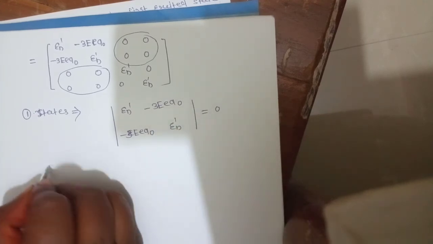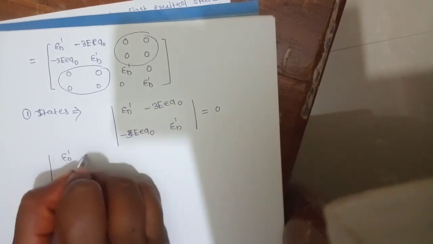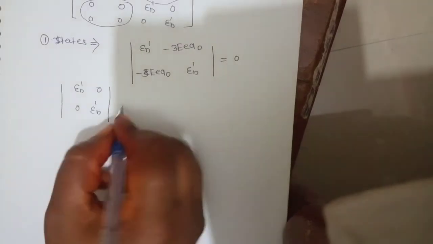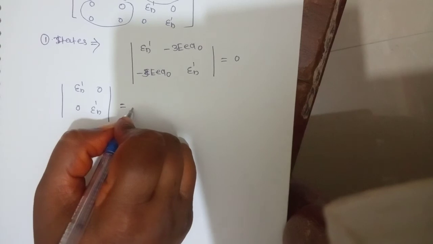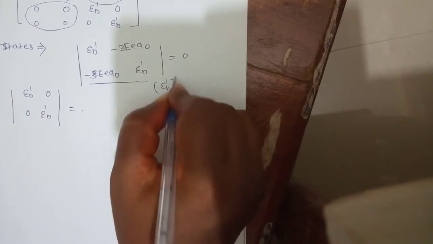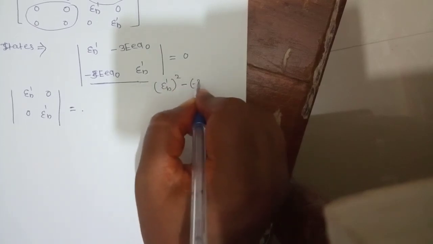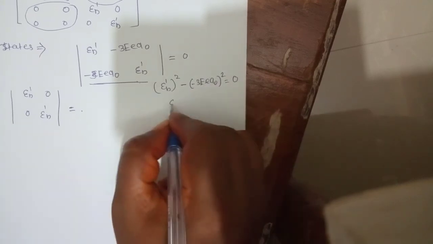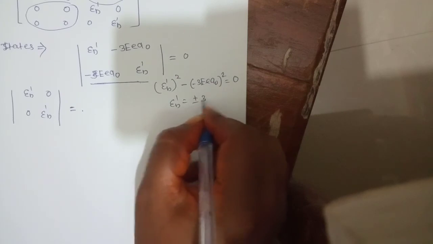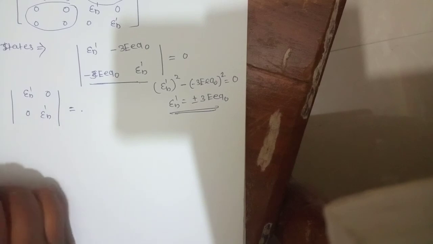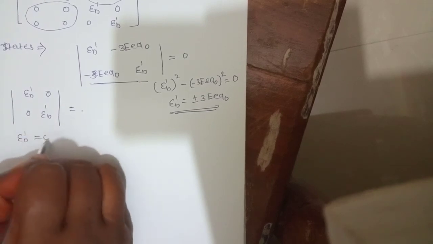Next, for the next two states, en1 0 0 en1. Okay, this is for the next two states. So the solution for that state: en dash first order correction squared minus 3 e a naught square equal to 0. So en1 will become plus minus 3 e a naught. Okay, understand? But here en dash is equal to 0.